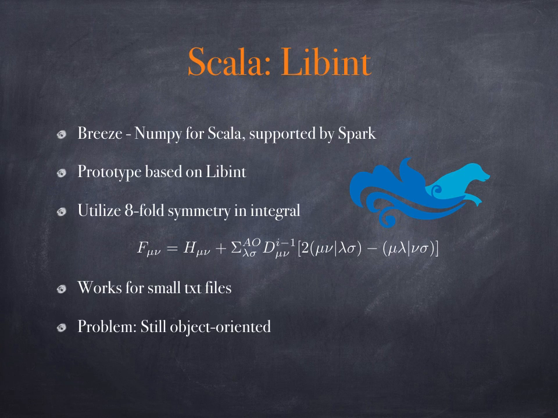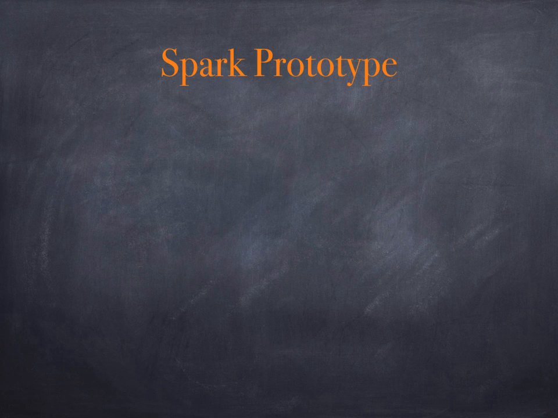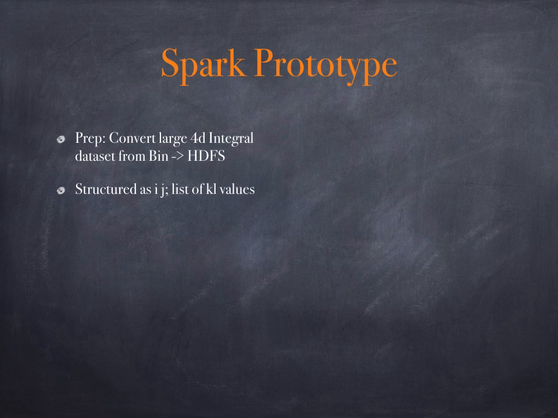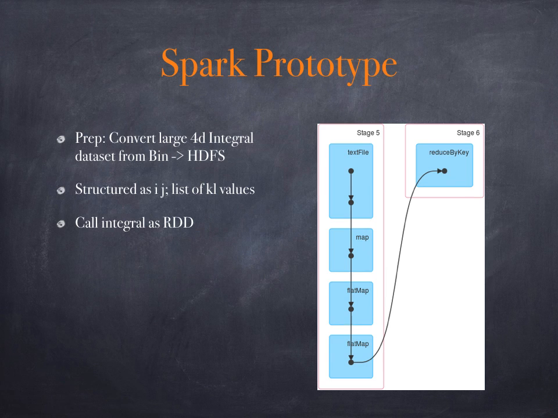However, it was still too object-oriented and needed more coarse transformations such as map and flat map. Next, we proceeded to the Spark prototype, where first we needed to convert the 4D integral dataset from binary files to HDFS, structured as ij and then the list of values.